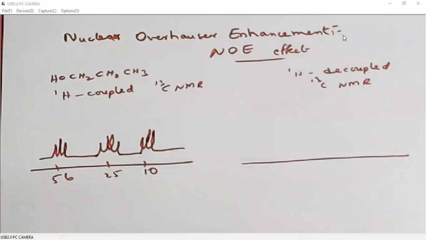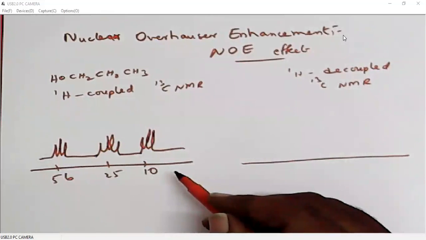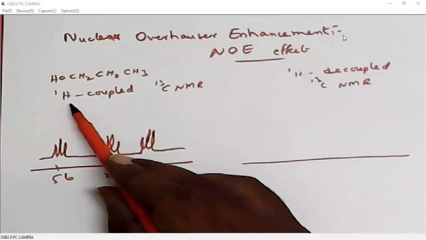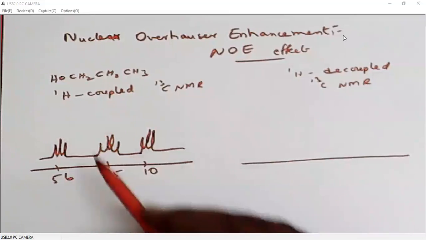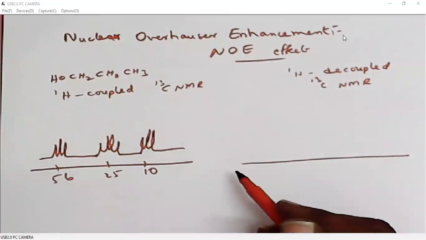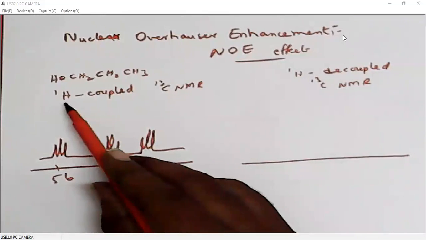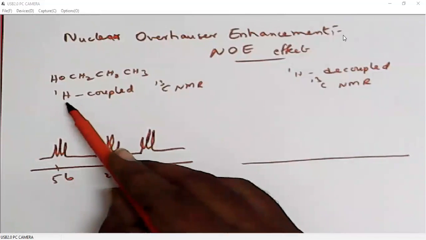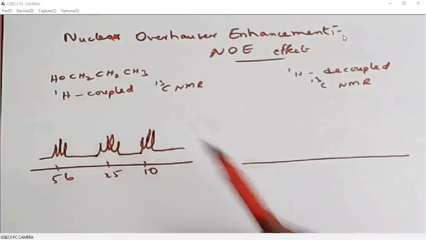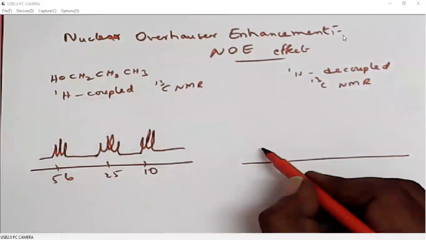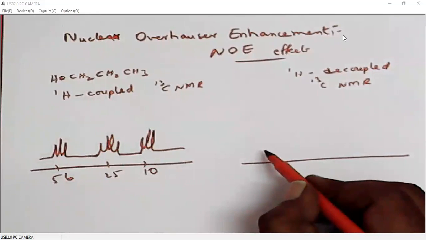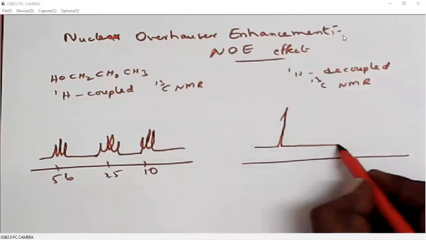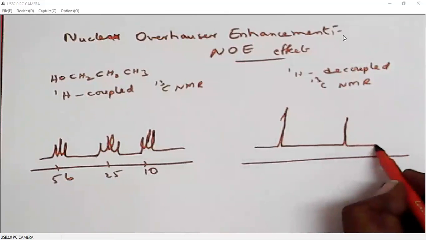So when we pass the resonance energy required for resonance of protons, all the protons will be saturated, so we don't expect any coupling. When we irradiate protons with high energy, they will not couple with the carbon. So what we will get are singlets in the spectrum, right? When we get the singlets, how do they look like? They look like this.